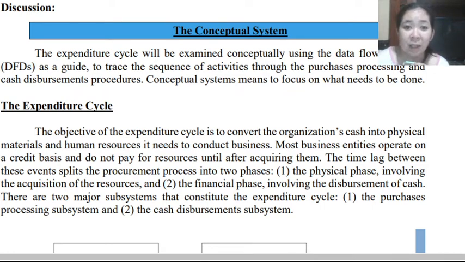We have the physical phase, which involves the acquisition of the resources, and the second is the financial phase, which is the actual disbursement of the cash in settlement of the acquisition of those resources. So there are two major subsystems that constitute our expenditure cycle: the purchasing process subsystem and the cash disbursement subsystem.